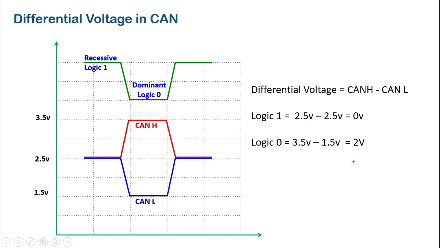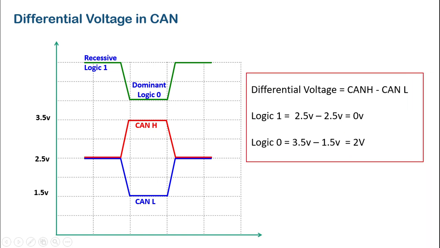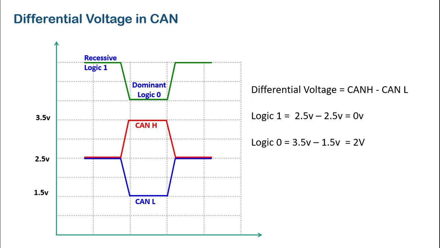In this way, we consider the difference between the two lines, CANH and CANL, to represent logical zeros and logical ones. This complete process is taken care of by our CAN transceiver, which we saw in the previous slide. I hope this is clear.